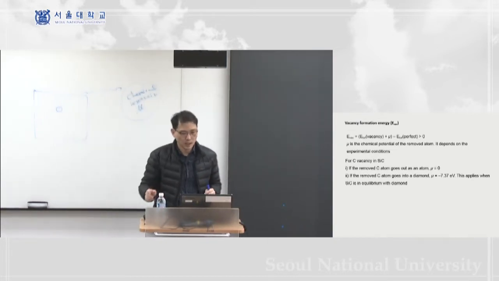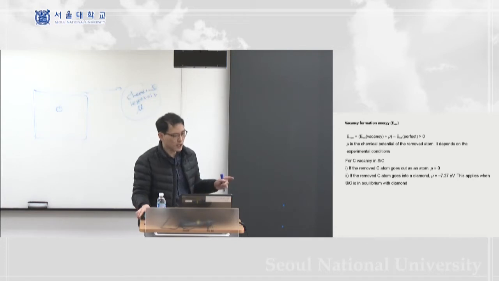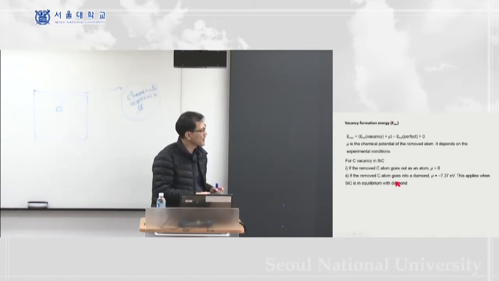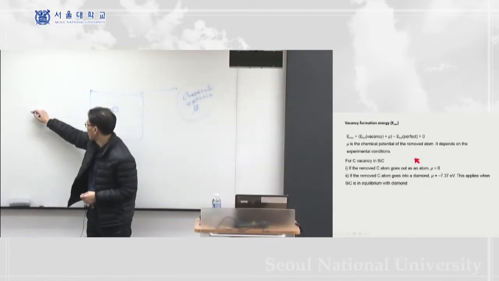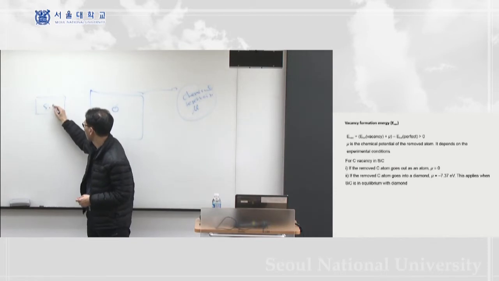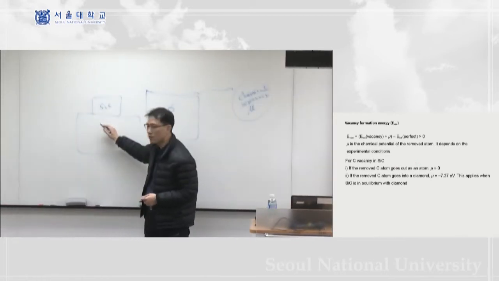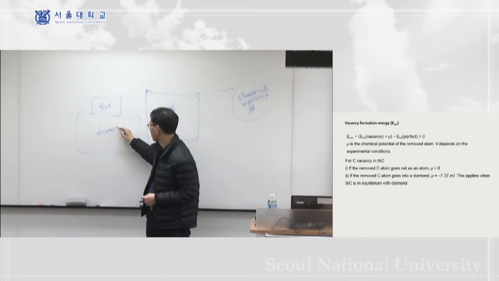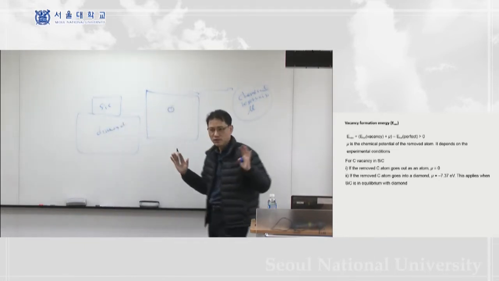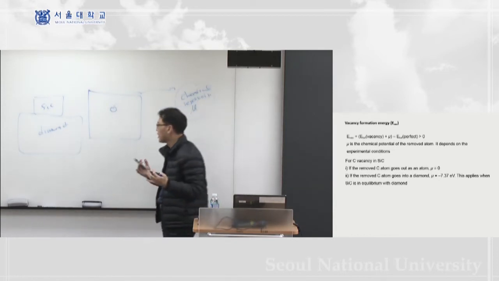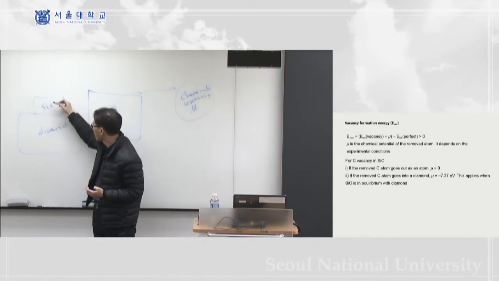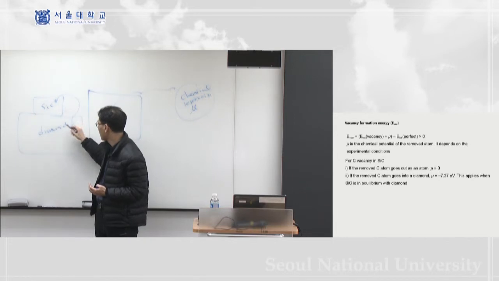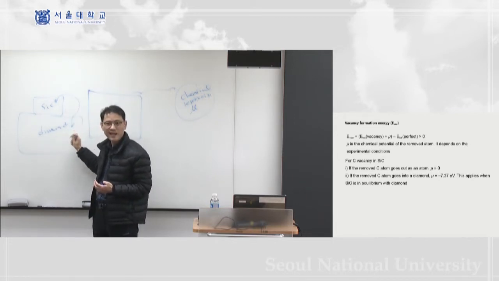All right. But if you are assuming that the carbon atom goes into some part of the diamond, which might be the condition if this silicon carbide is in equilibrium with the diamond structure, where you have enough carbon atoms, and somehow the silicon carbide may grow or get in touch with this diamond, then the carbon atoms you are removing should go into one of the sites in the diamond.